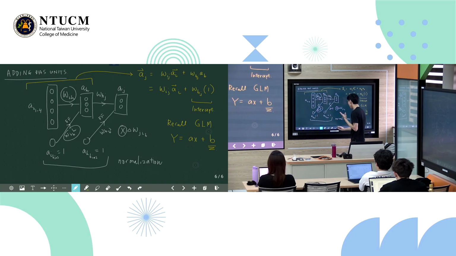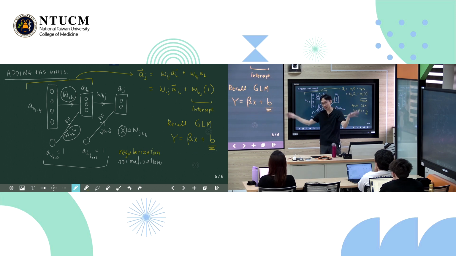Oh, sorry, because you use A all the time, let's use beta coefficient, like that. So it's a normalization, or specifically speaking, a regularization. We regulate the weights so they don't have infinity to play with.